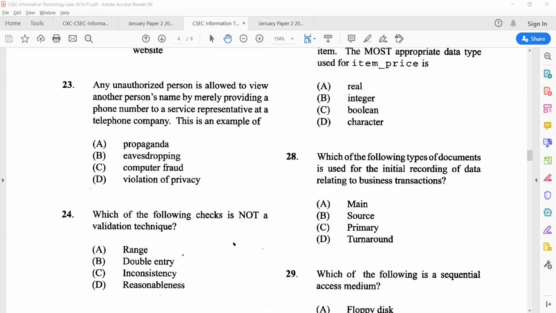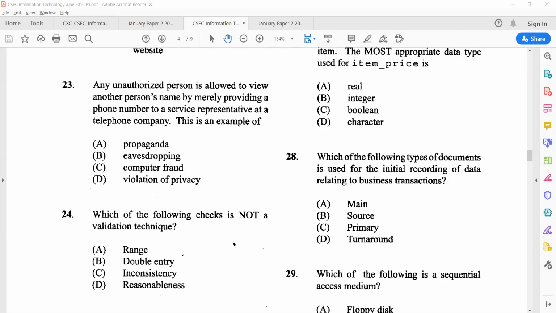Okay, so propaganda, no, that's not correct. That's like generating or advertising, giving out information. Eavesdropping, no, that's incorrect. That, for example, is listening to a conversation or viewing the email communication between persons.